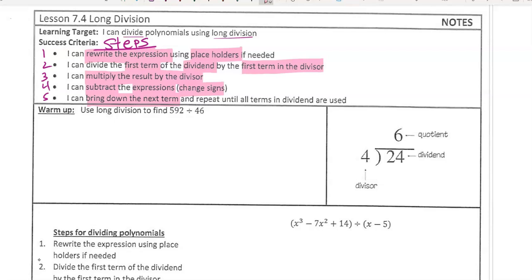All right, so here's our quick little warm-up. I will give y'all a minute to complete that, so go ahead and try it.